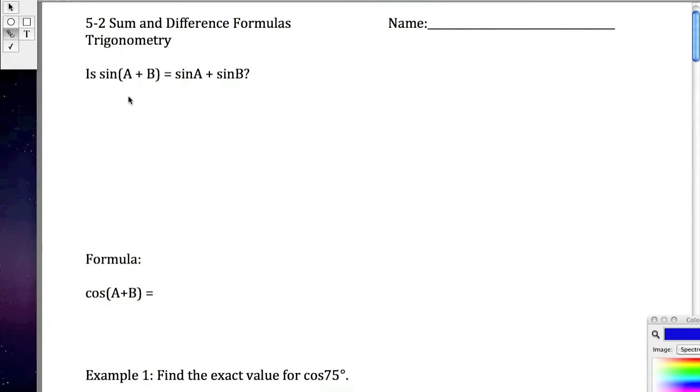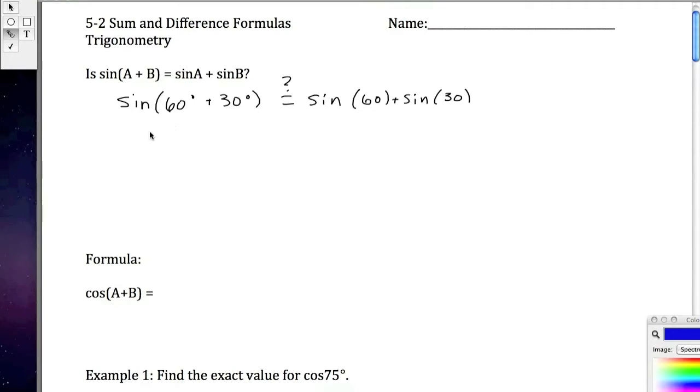We are going to look at sine of 60 degrees plus 30 degrees, and we are going to ask, is this equal to sine of 60 degrees plus sine of 30 degrees? Because really this is just putting in values for A and B that we can actually find values for.